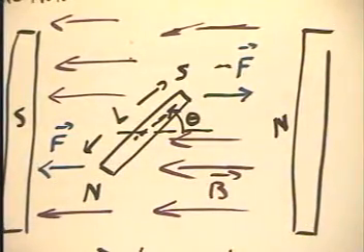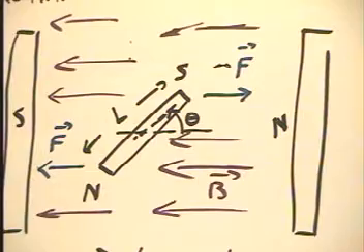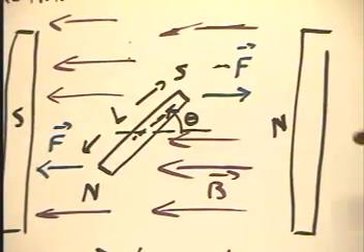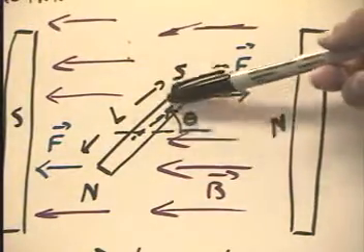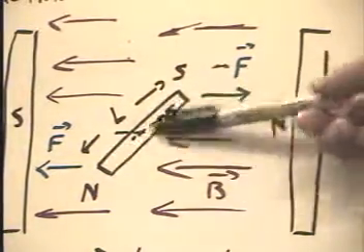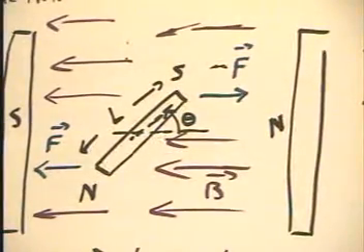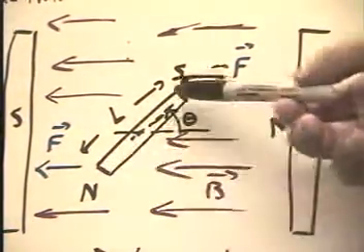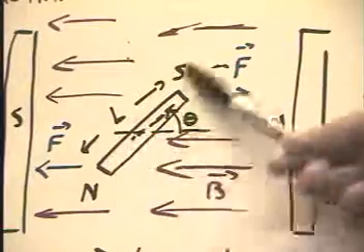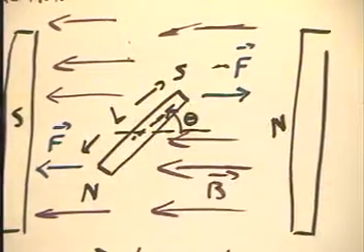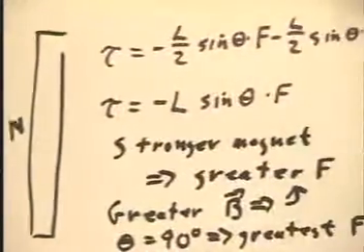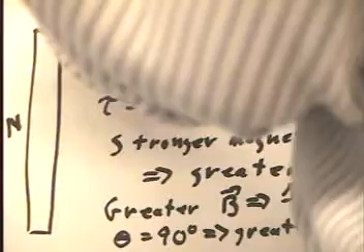So since the torque is proportional to the force, which is proportional to the strength of the bar magnet for a given magnetic field, the torque will be directly proportional to the strength of the bar magnet. For a given length of the bar magnet and a given magnetic field, the torque will be proportional to the strength of the bar magnet. Now let's see what we can do with this.